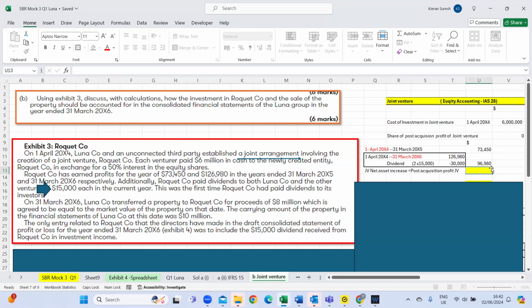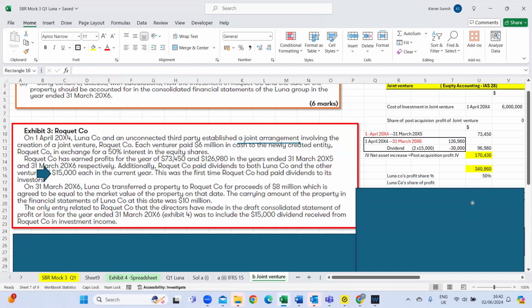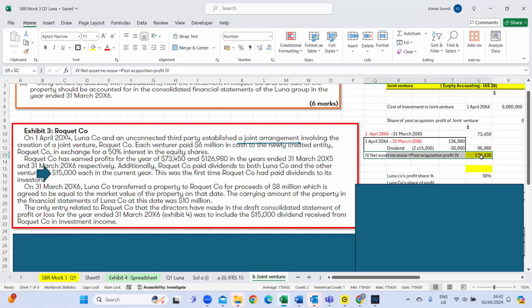How much is the post-acquisition profit now? You add these two up, and it came up to 170,430. Now, from this 170,430, the post-acquisition profit, I hope that's clear, right? We know this is the post-acquisition profit.